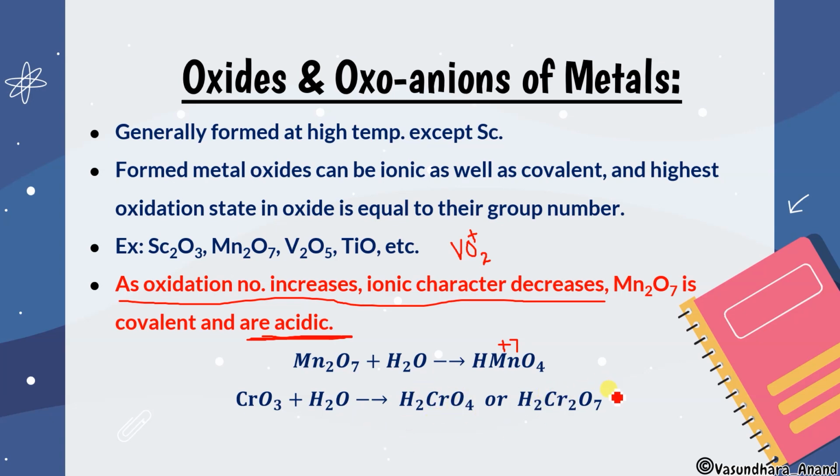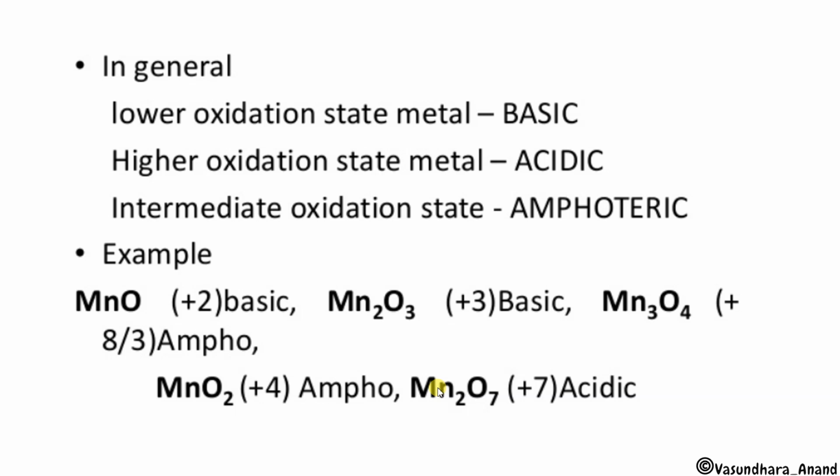This is chromate and this is dichromate. CrO4 2 minus is chromate and Cr2O7 2 minus is dichromate. So in both cases the oxidation number is plus 6, so they are covalent, but if I ask about acidic or basic property, they will be acidic. I hope it is clear.